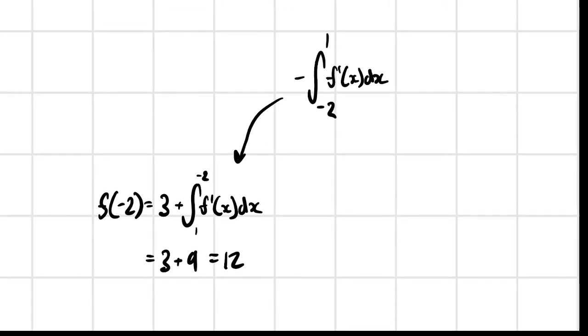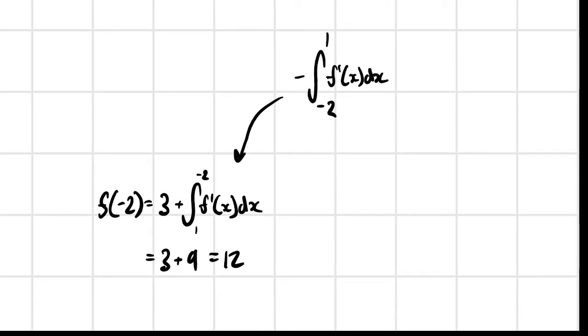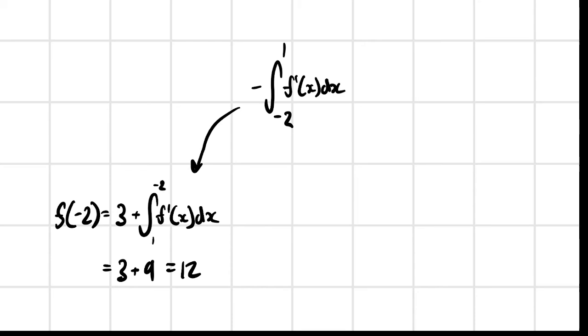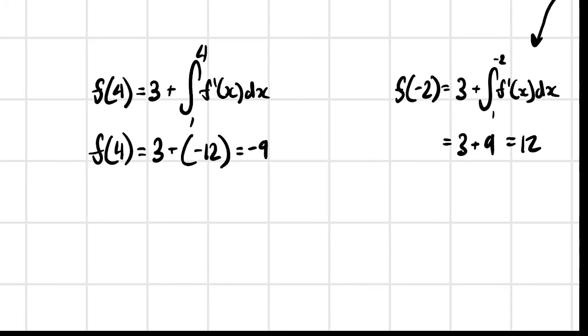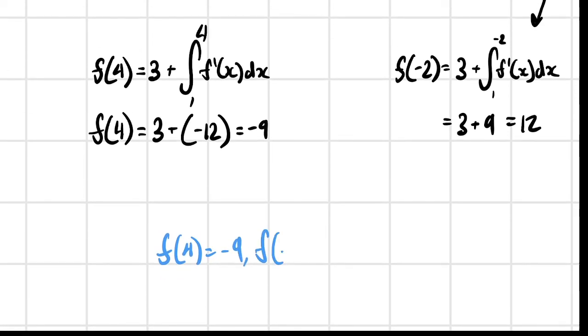Hopefully that made sense. If not, just know that you can reverse the bounds, slap a negative sign in front of it, and then you're doing the same integral. But yeah, that is actually the end of this. So f of 4 equals negative 9, f of negative 2 equals 12.